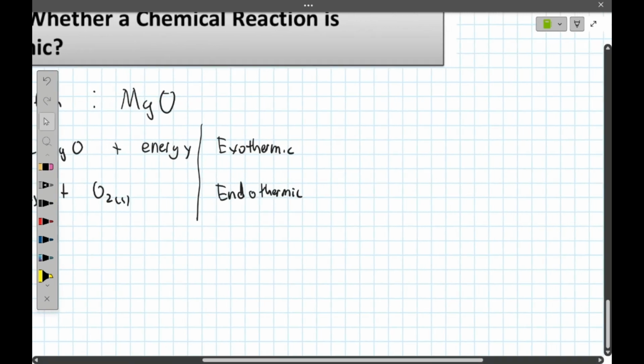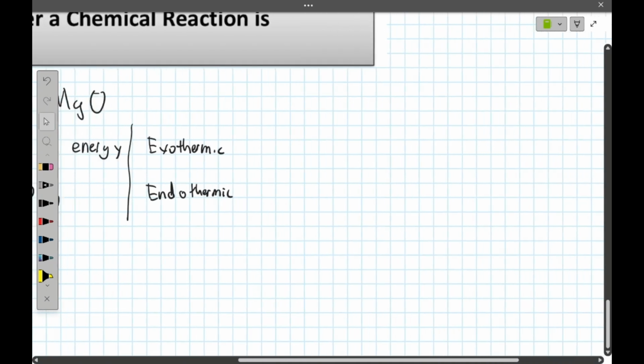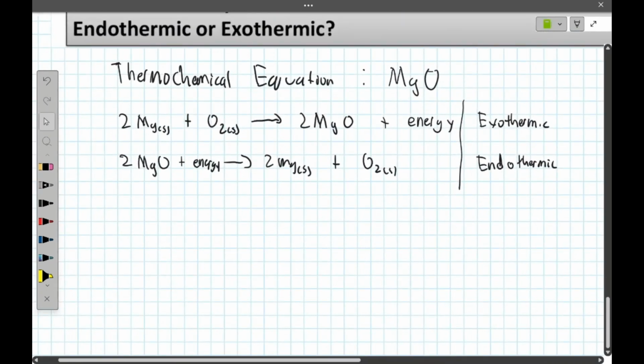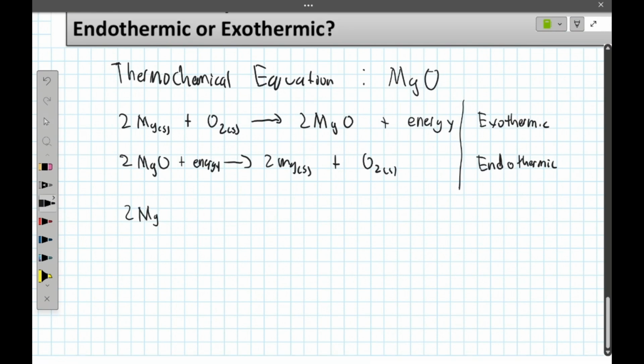Okay, here's another way that it can be written. So let's take the same example, magnesium oxide: 2Mg plus O2 turns into 2MgO.